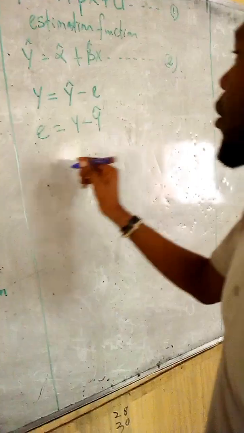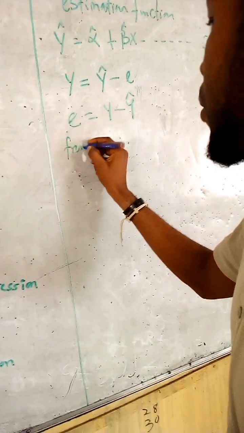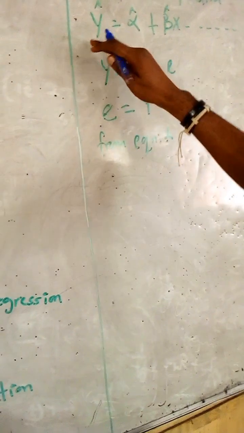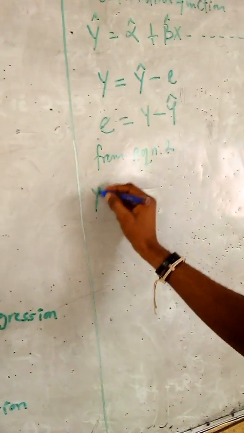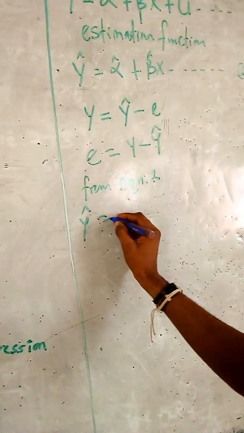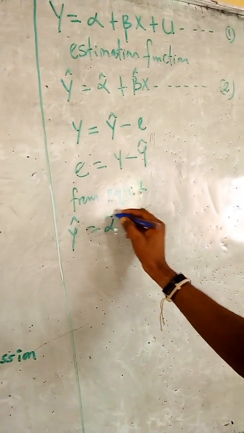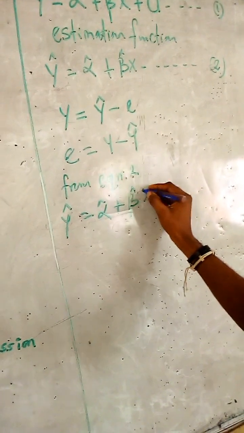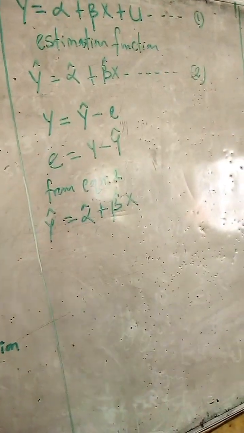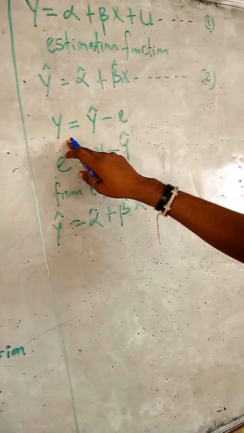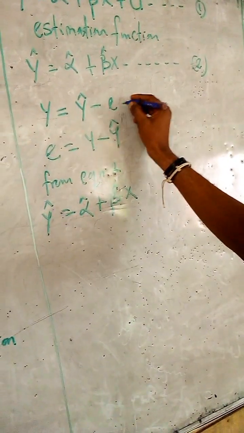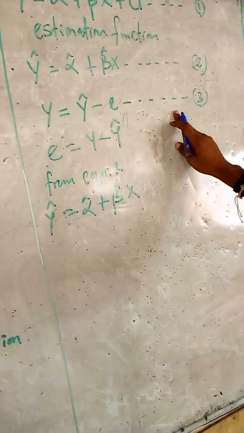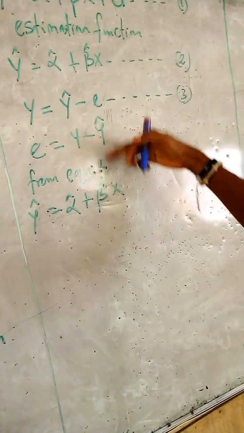Then from equation 2, what do we have? We have y cap equals alpha cap plus beta cap x. And since we already say from here, let me show you, this one is equation 3.